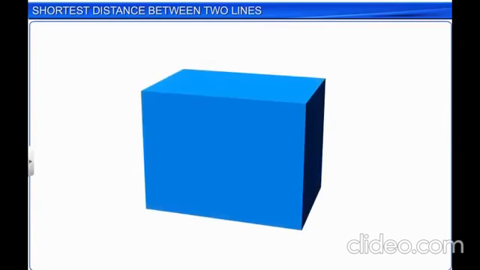Now, consider two non-coplanar lines, like lines L1 and L2, lying on different faces of a cuboid. Now we have a number of possibilities. Two non-coplanar lines can be a pair of parallel lines. Two non-coplanar lines can be a pair of intersecting lines.